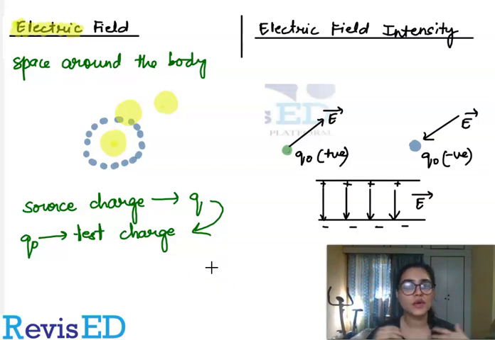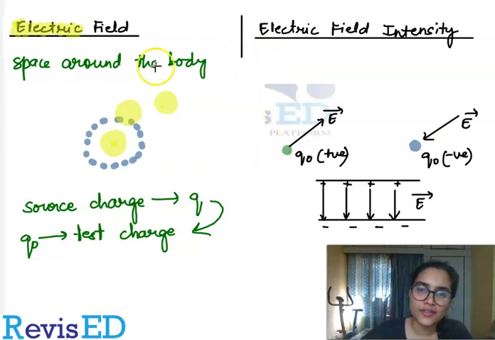Now we have seen what electric field is, but what is the strength up to which this electric field can be experienced by any particle? In order to calculate that strength of the electric field, we have something known as electric field intensity. Electric field intensity at any given point in an electric field is defined as the force per unit test charge at that particular point.